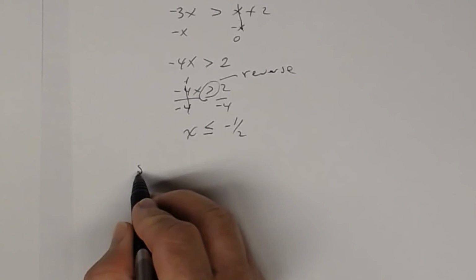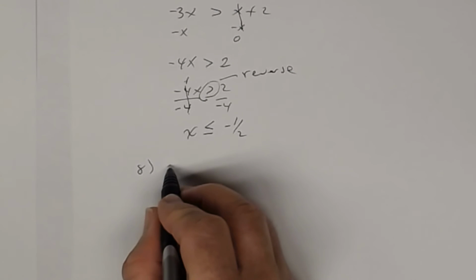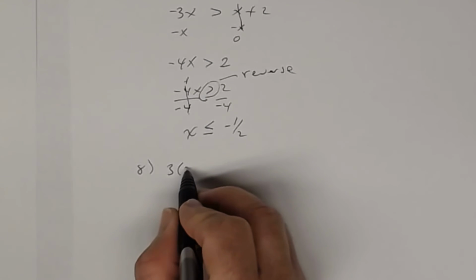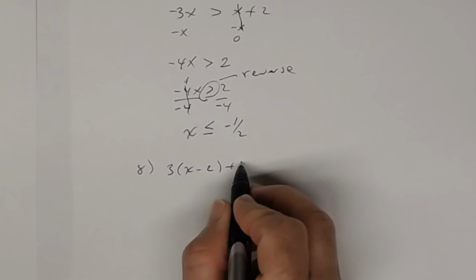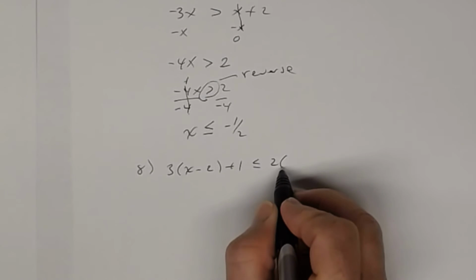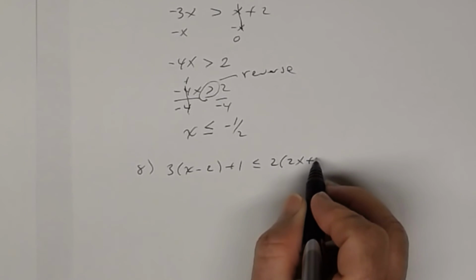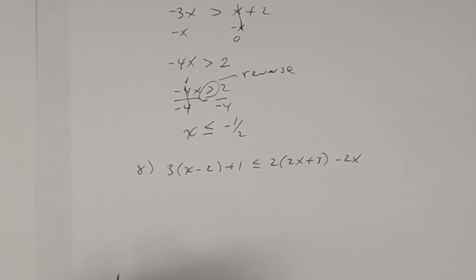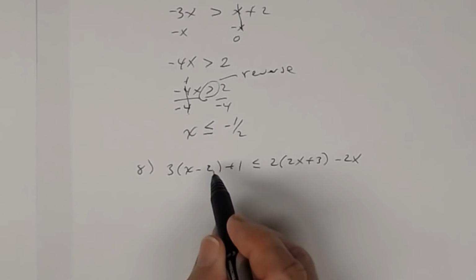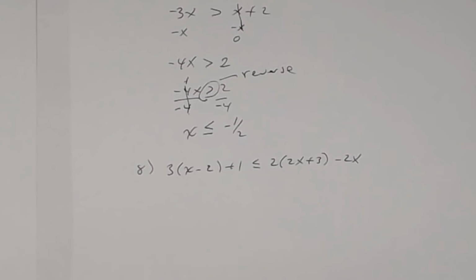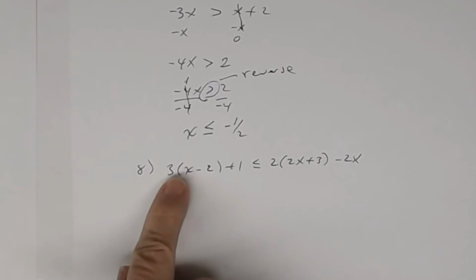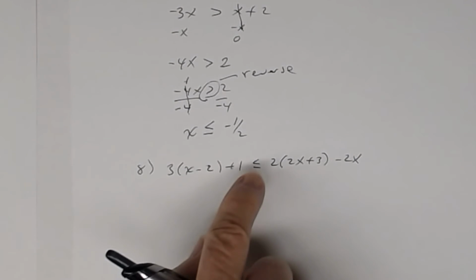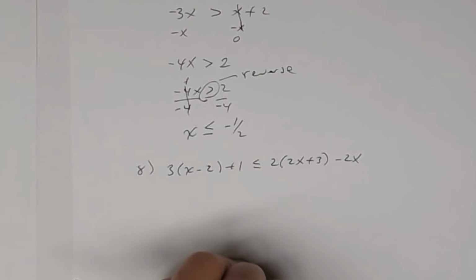Now finally, number 8. So let's look at number 8. We have this inequality. 3 times x minus 2, plus 1 is less than or equal to 2 times 2x plus 3, minus 2x. So you're trying to find all real numbers of x that will make this inequality a true statement, that will make this left side less than or equal to this right side.